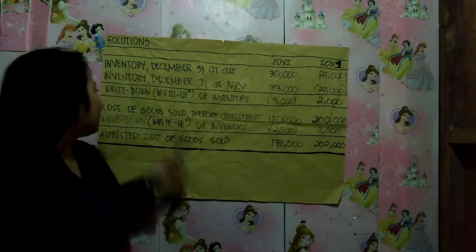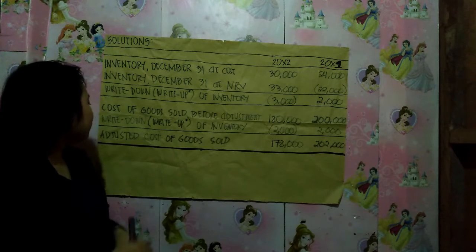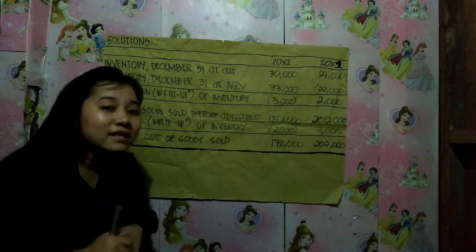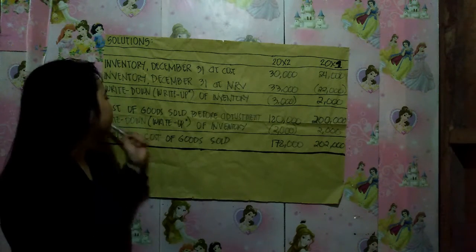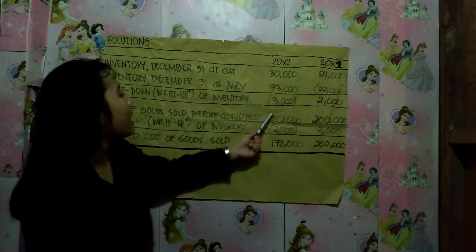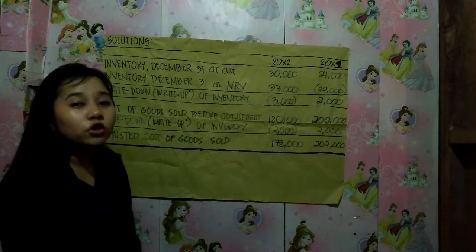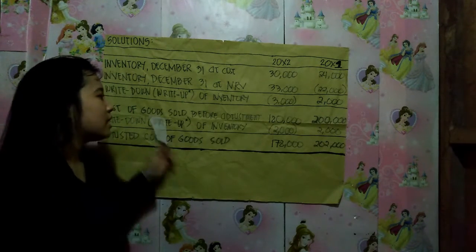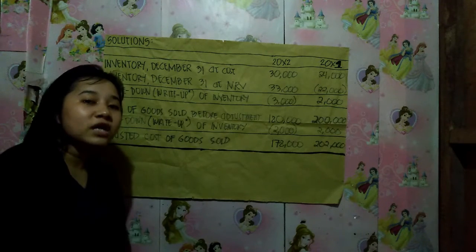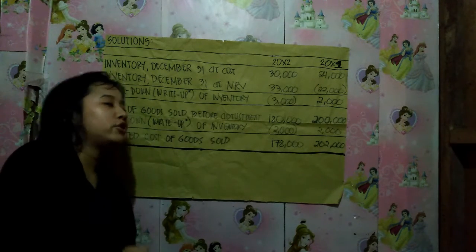Next step, to find the answer for the 20x1 cost of goods sold, we write the cost of goods sold before adjustment. This is already given in the information.